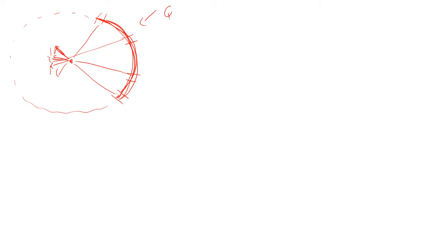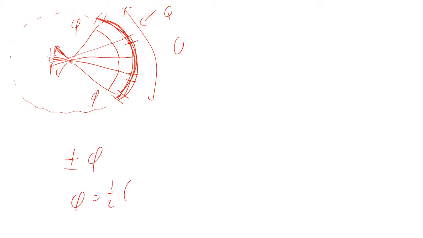Okay, and so that makes this a little bit easier, because we only have to do the x components. What I need to know, therefore, is for our ring of charge, if I say this entire arc of charge is some angle theta, then if I bisect it, we're going from the center to plus or minus phi, where phi is 1/2 of theta.